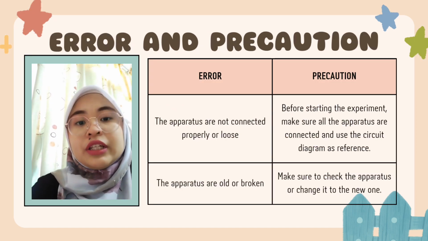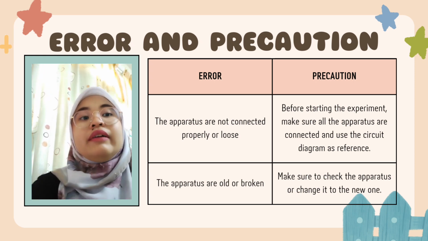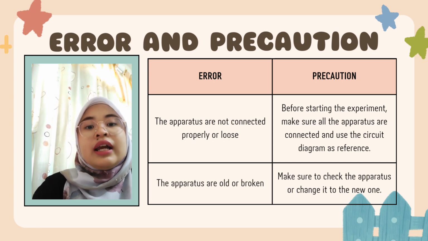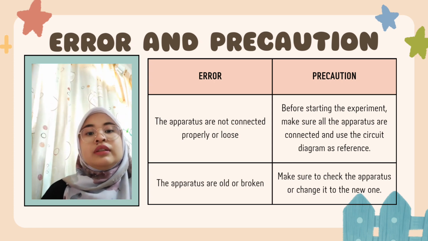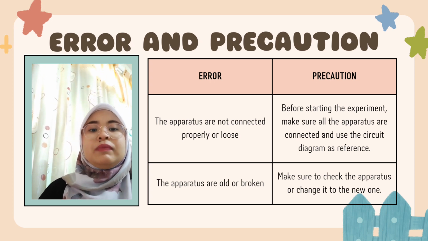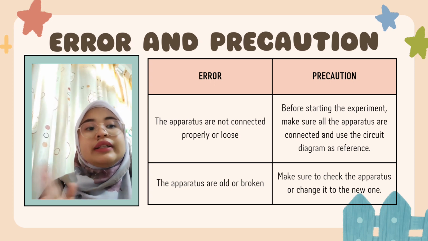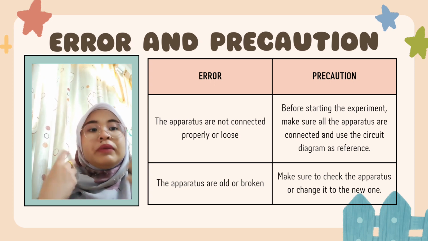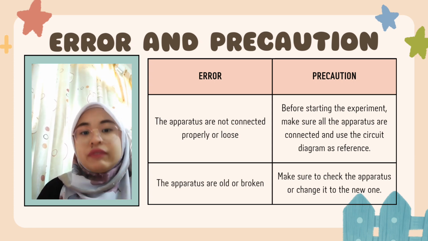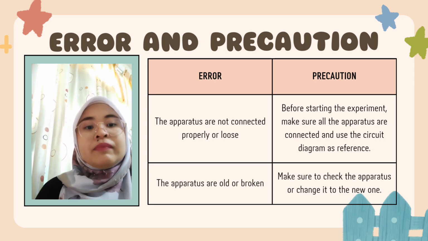In this experiment, we also discuss errors and precautions, since almost every experiment has errors, and how we can prevent them next time. First of all, the apparatus are not connected properly or are loose. To prevent this, before starting the experiment, make sure all the apparatus are connected, and use the circuit diagram as a reference.